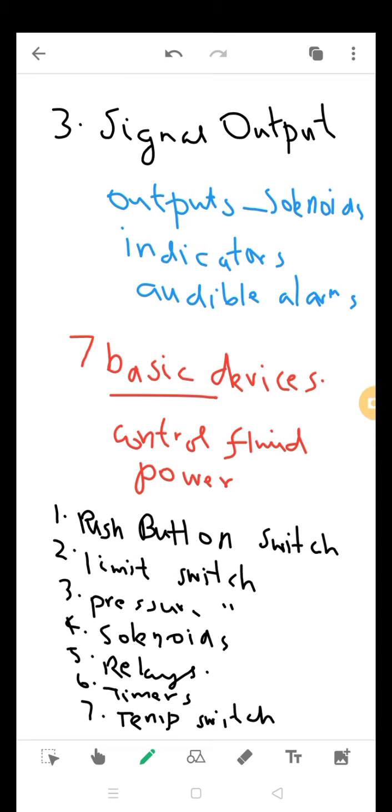Now we will take up one by one. First we will start with the push button switch.